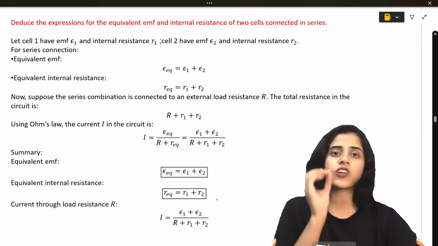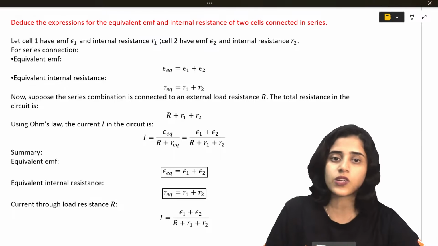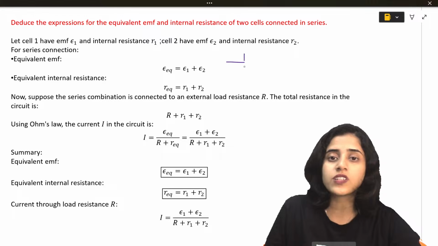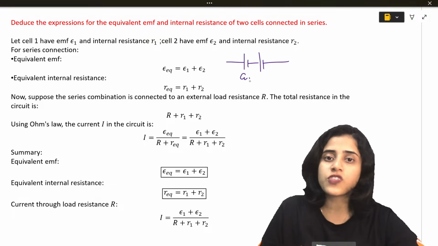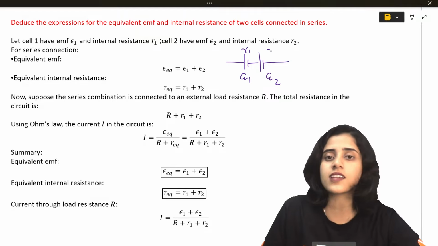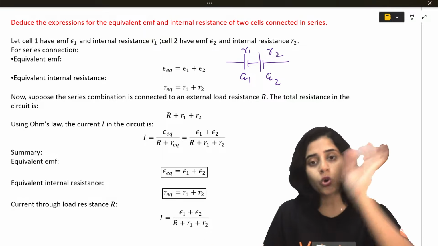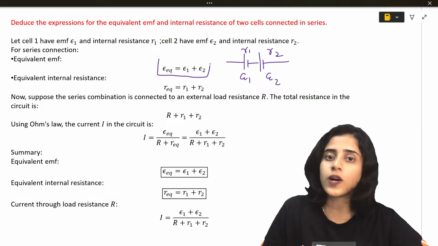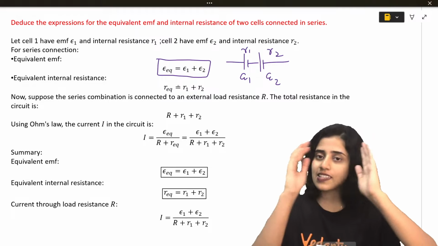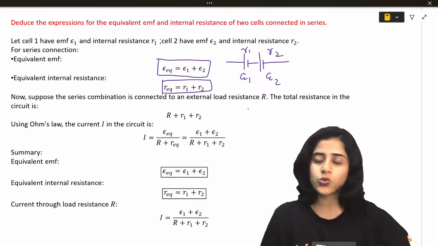Next question. Deduce the expression for an equivalent EMF and internal resistance of two cells connected in series. So you have two cells that are connected in series. The first cell is E1, the second cell is E2. The first cell has a resistance R1, the second cell has a resistance R2. So the total EMF will be E1 plus E2. Since they are in series, the total internal resistance will be R1 plus R2. Do you all agree?